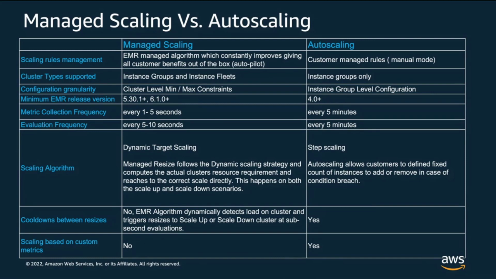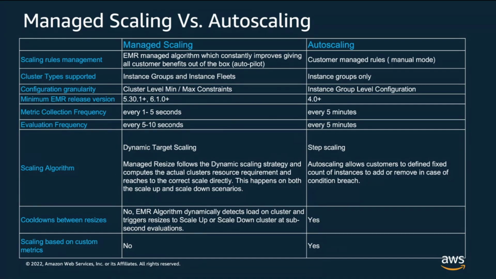Managed scaling is the one which is completely managed by EMR itself. It's an algorithm which constantly improves, giving all customers benefit out of the box. And auto scaling is the old, traditional way to define the metrics and create the scaling on top of it. So it's a completely different type of scaling we are talking about.